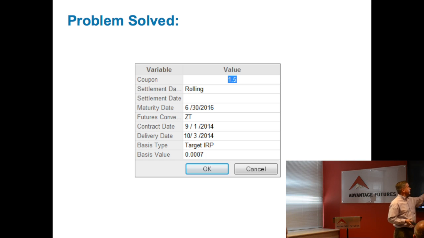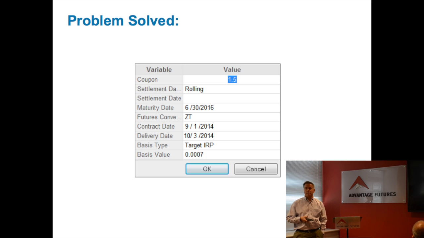Again, in the X-Trader environment, this is a detailed window. I typed in the coupon, the maturity of the cheapest to deliver, picked the rolling settlement date, and typed in what I think is the IRP, and I can explain that term later, but it's basically a short-term rate. Most of you already know it.